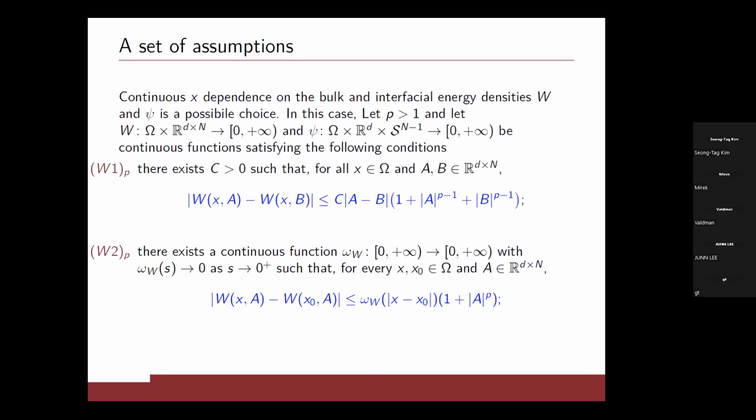I also would like to say that the assumptions that we are making are the same as the ones that are somehow common in this description. So unfortunately, there is no possibility so far, to our knowledge, to consider determinant constraints.